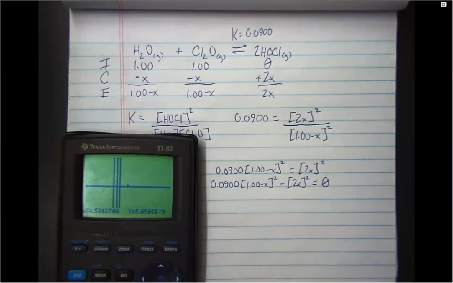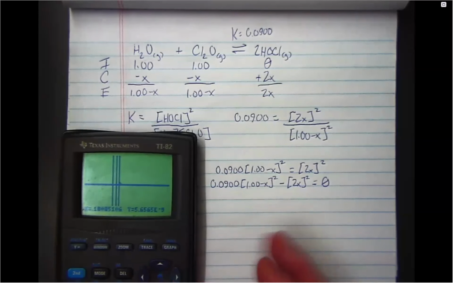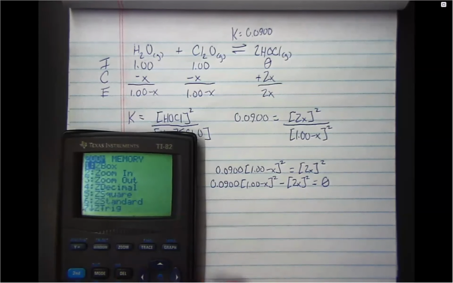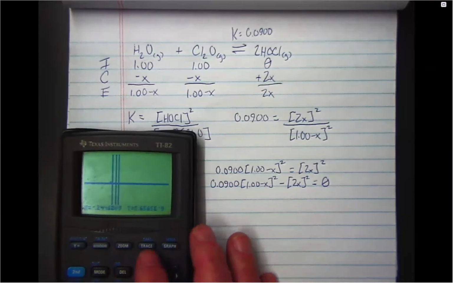And it looks like we can see more of the function now. And we can see a place where we cross the X-axis for negative values. And then I see another on the positive side. So the positive side is what we're looking for, but if we want to zoom in a little bit, we can go to zoom and then box, and then build our box around both of those so that we can see them very nicely.